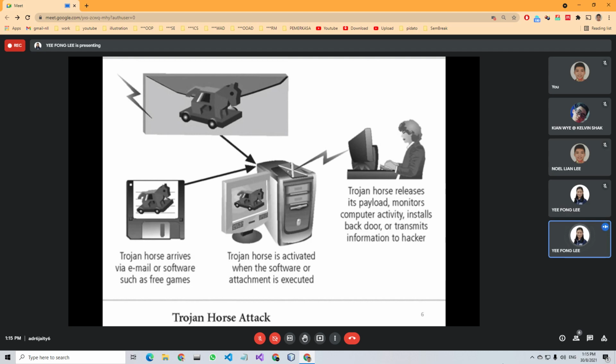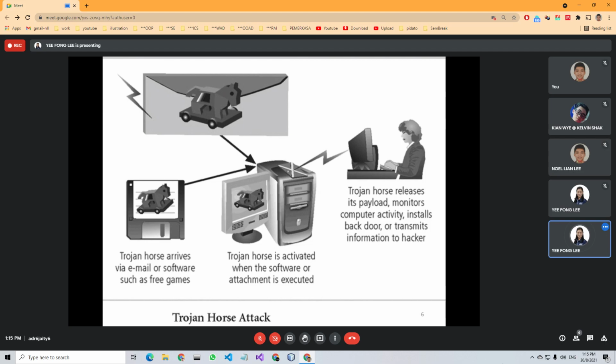Why? Because a Trojan horse will hide itself in the system files. As well, it will rename itself to look like legitimate system files. Okay, we look at the diagram here. Trojan horse releases a payload, monitors computer activity, installs a backdoor, or transmits information to the hacker, meaning the third party.